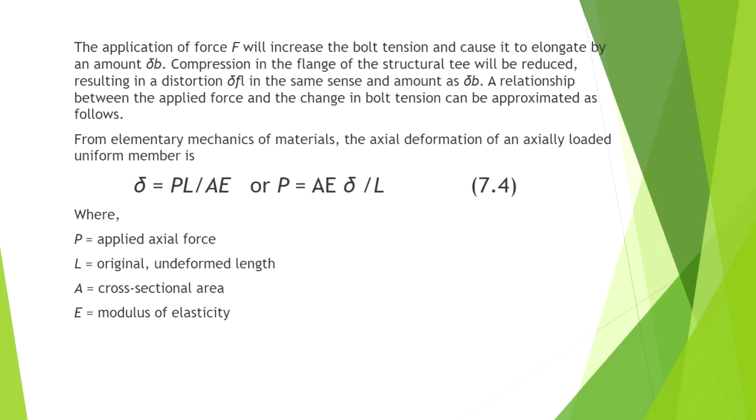From elementary mechanics of materials, the axial deformation of an axially loaded uniform member is delta equals PL divided by AE, or, solving for P, P equals AE times delta over L, where P is the applied axial force, L is the original undeformed length, A is the cross-sectional area, and E is the modulus of elasticity.